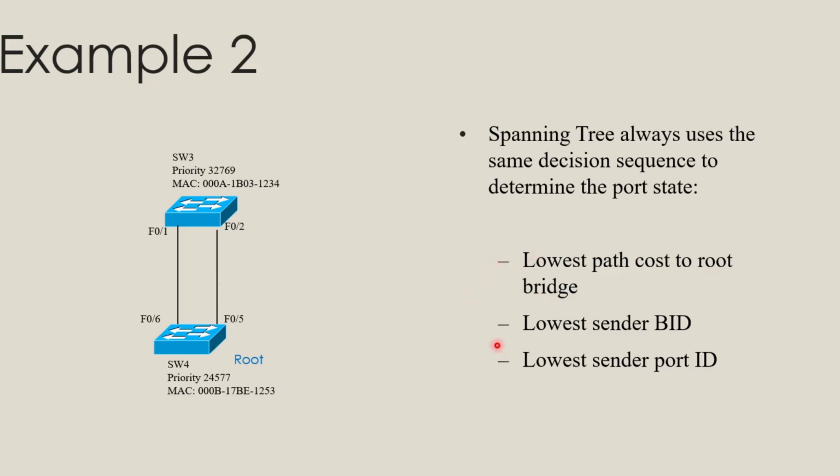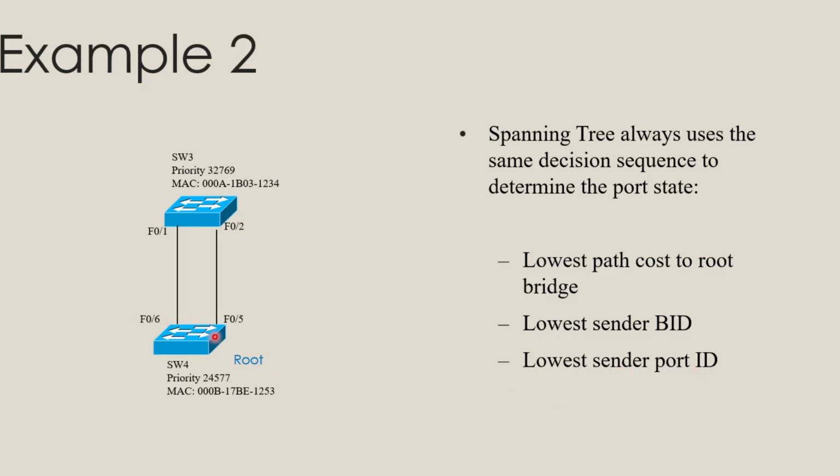It will use the second decision factor in the sequence, the lowest sender bridge ID. The sender bridge ID is the root bridge. So both links receive the BPDU with the same sender, switch 4. Again, there's another tie. The tiebreaker is the last criterion: the lowest sender port ID.